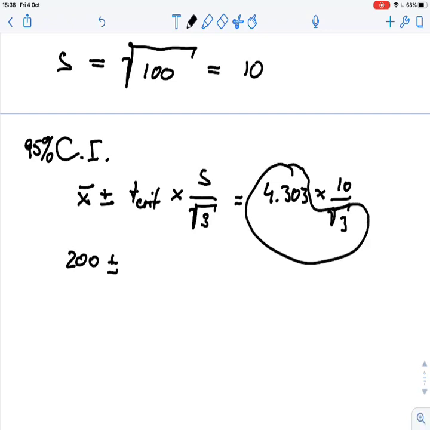If you do 4.303 divided by square root 3, it gives you roughly 2.5. That will do for us. 200 plus minus 2.5 times the standard deviation. So it gives us 200 plus minus 2.5 times 10, equals 200 plus minus 25. Yeah?